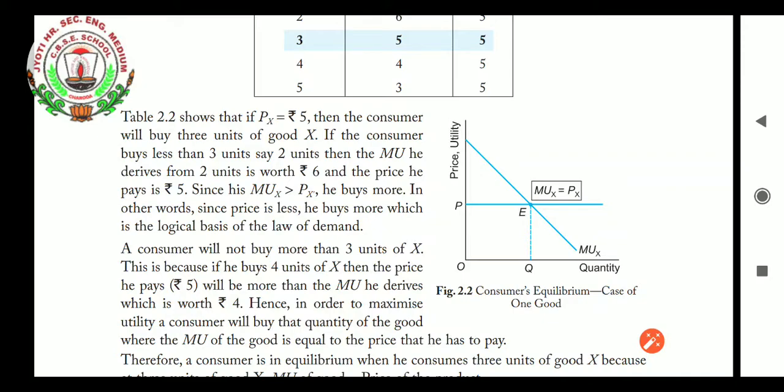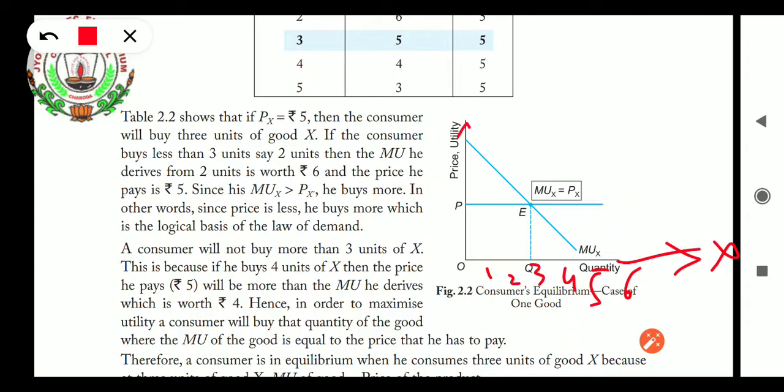Here the quantity, as I said to you, can be shown with the points given there: 1, 2, 3, 4, 5, 6, and so on. In the same way, the y-axis we can continue with the points given as MUX. The price is constant, P, MUX equals PX.